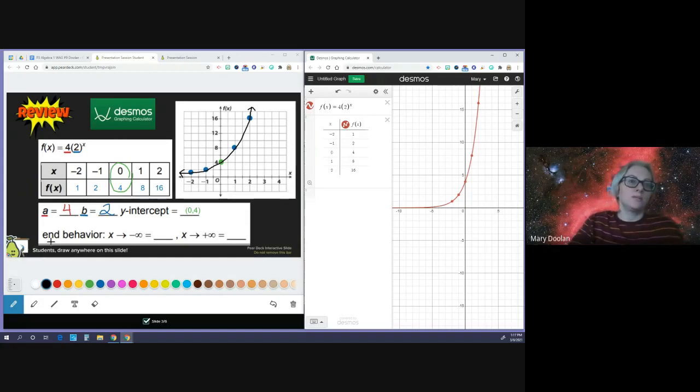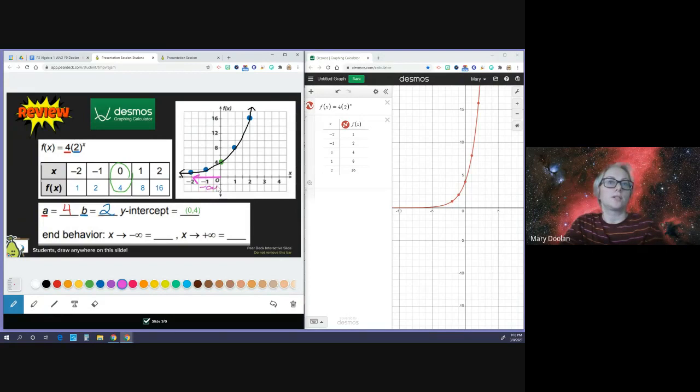And then we can learn how to predict the end behavior. This is something else we did last week. So end behavior of x as it moves towards -infinity first, we're showing here. As we move towards -infinity, which is this direction, as I go this way, what is happening to the graph?